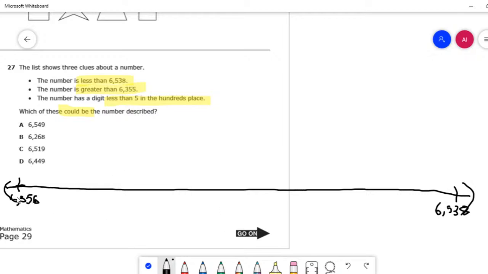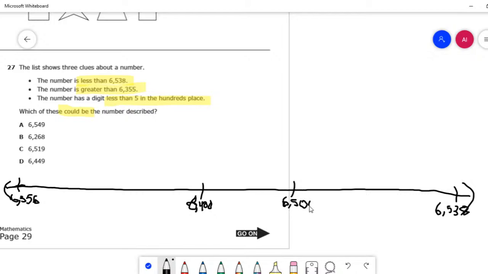Well, this is 6,300. This is 6,500. And that means in between here, we're gonna have the number 6,400, and we're gonna have the number 6,500 somewhere in between.